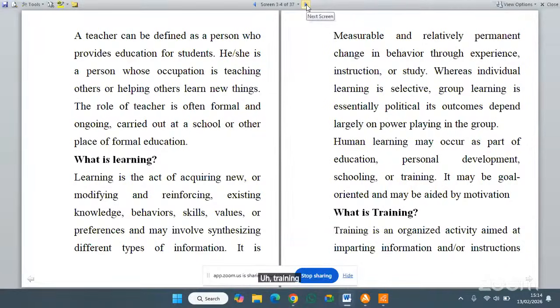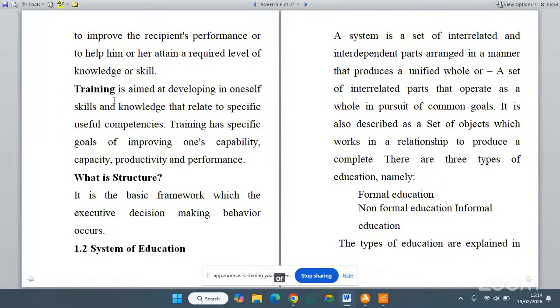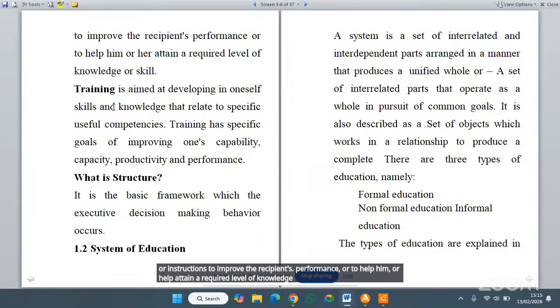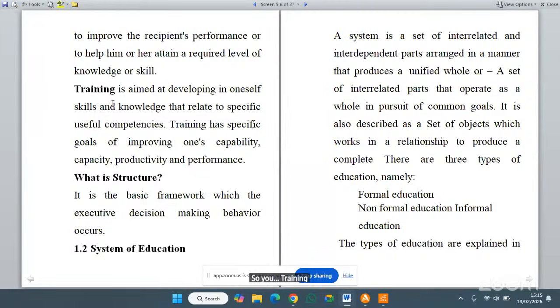Training is an organized activity aimed at imparting information or instructions to improve the recipient's performance or to help him or her attain a required level of knowledge or skill. So training is limited to skill acquisition, so that you can train somebody just to acquire a specific skill for use.